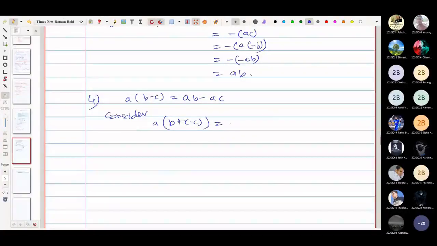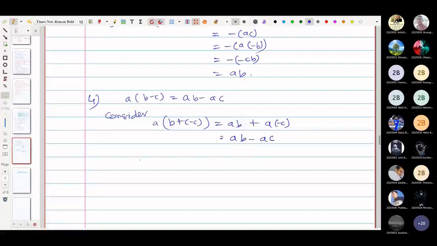So this equals AB plus A times minus C. So this equals AB plus, using the second property, minus AC.